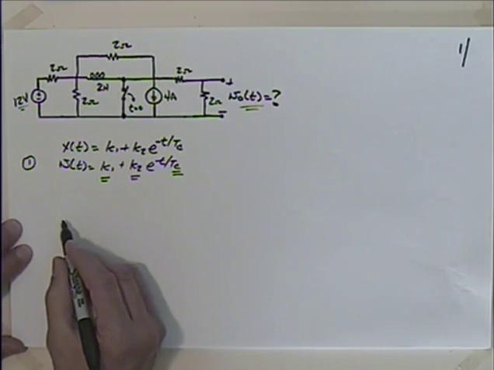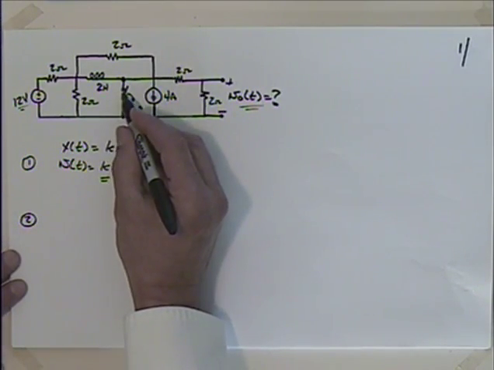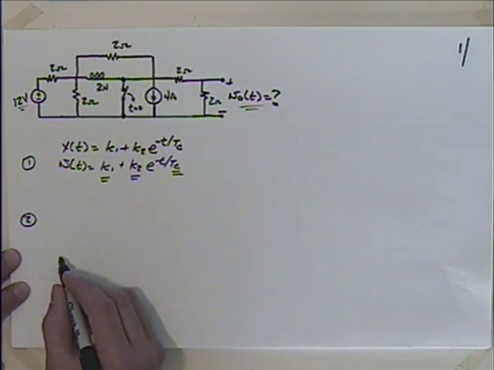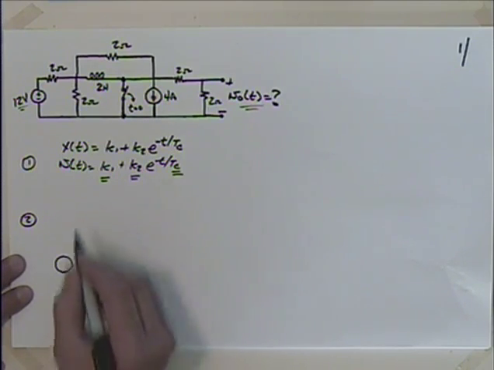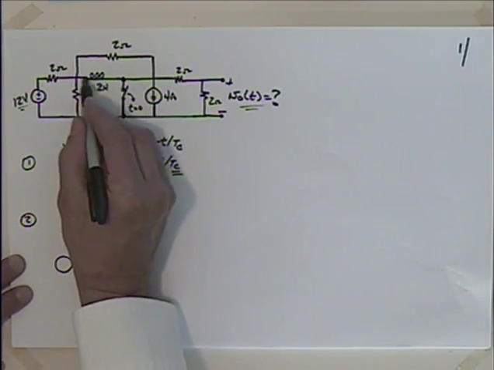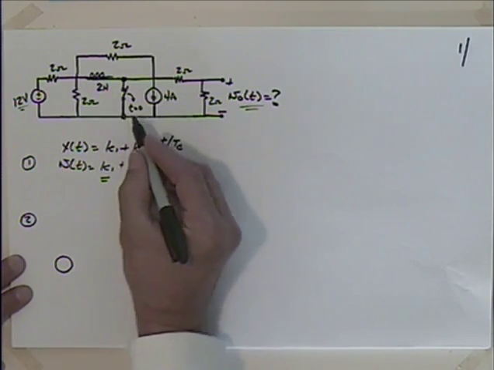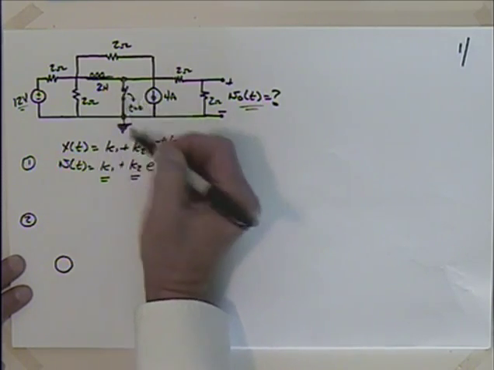If we look at part number 2, assuming the switch has been closed for a long time, and we want to find the current through this inductor, what's that going to look like? Well, let's see. If I short this thing out, then this point, if we take this as our ground, is with this shorted out essentially the same as that.